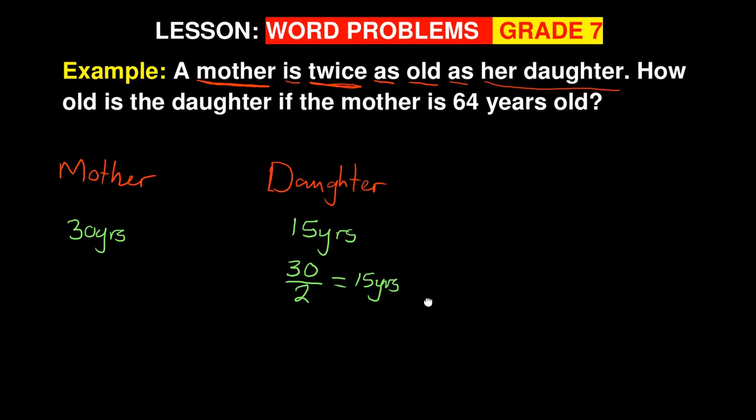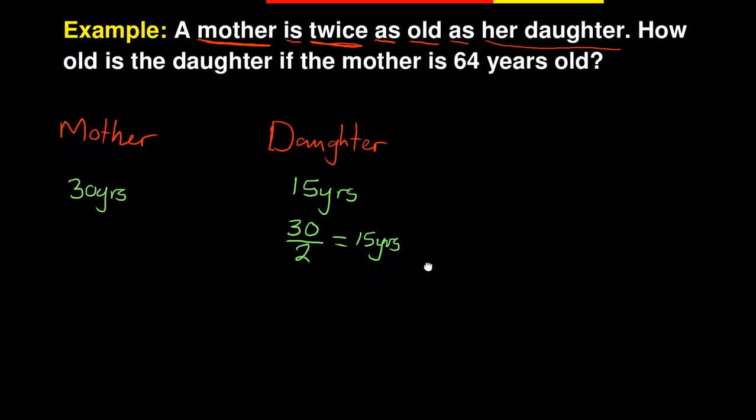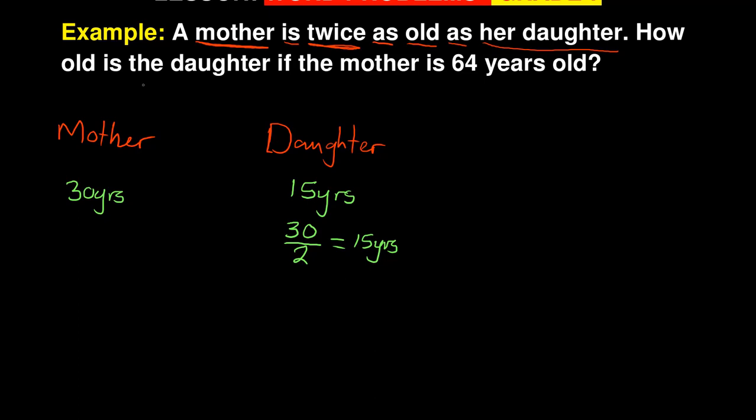Now in this scenario, we are saying a mother is twice as old as a daughter, but now we do not know the age of the mother. So you can say, in this case, let the age of mother be equal to X. So this, we know now that the mother will be X years old.